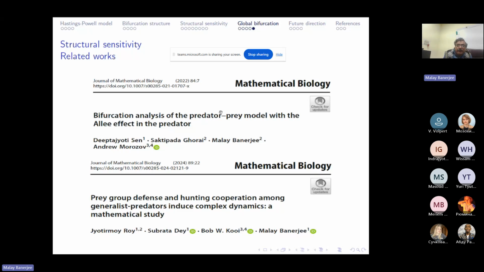With that approach, we have analyzed the prey-predator model with Allee effect in predator and reported different kinds of bifurcation scenarios, and how those bifurcation scenarios are structurally sensitive or not, we have explained there.